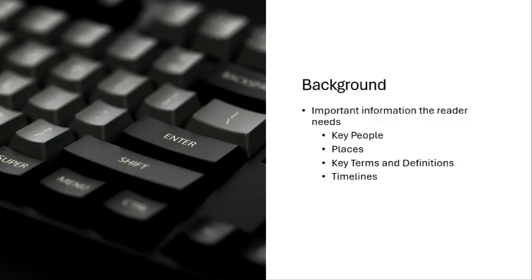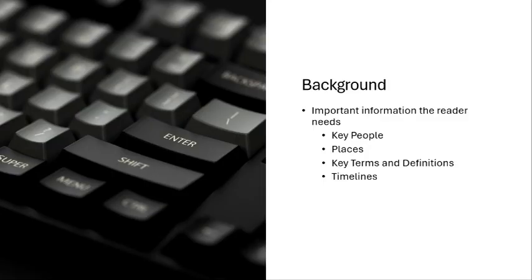So, some important things that tend to be included in backgrounds. Please note, this is not everything that needs to be in the background, nor is this something that every background needs. These are just common things. Key people, places in the world and in time, which is also timelines. We need to know when things happen and when they end. And this one, I will tell you, this one is important.